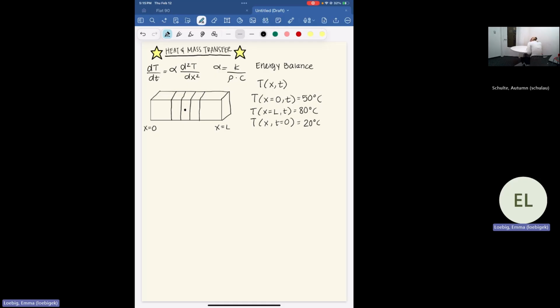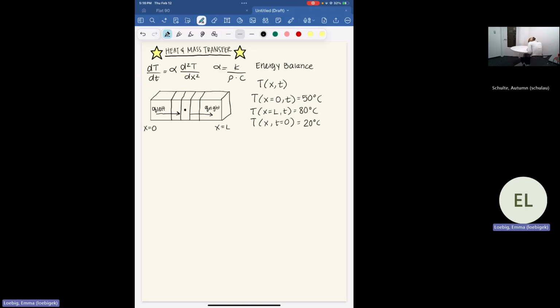As I said before, if we are concerned about the heat flow through that center brick, we know we're going to have some heat entering on the left and some heat leaving on the right. We'll denote this as Q left and Q right.